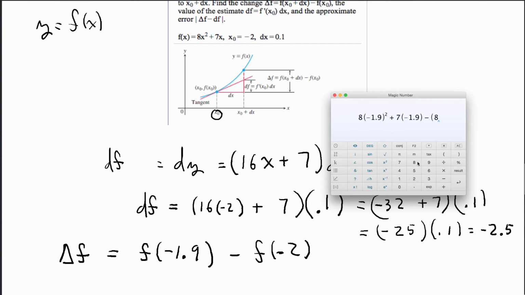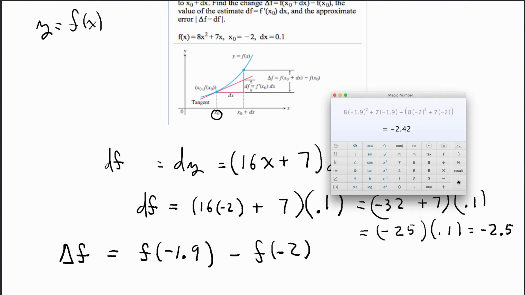So it's going to be 8 times negative 2 squared, and then adding 7 times negative 2, and I'm going to just finish off the parentheses so that everything is well defined. And there, look how you can just see it right in front of your eyes. So I confirm that that's correct.